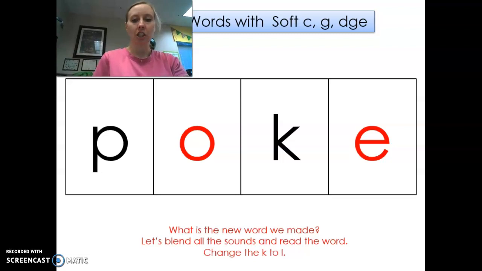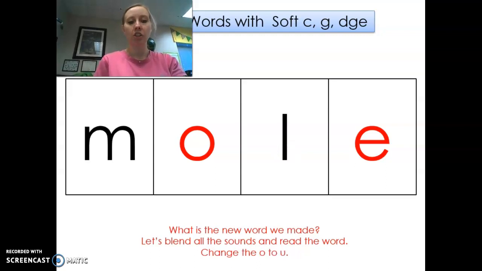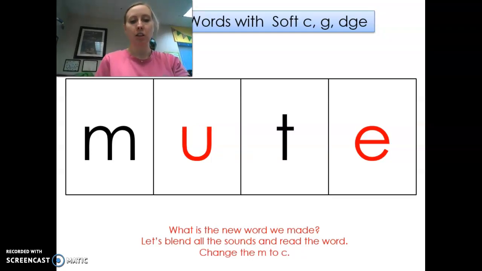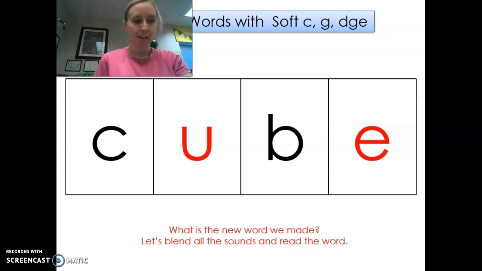Poke. Change the k to l. Pole. Change the p to m. Mole. Change the o to u. Mule. Change the l to t. Mute. Change the m to c. Cute. Change the t to b. Cube. Okay, and that's it.